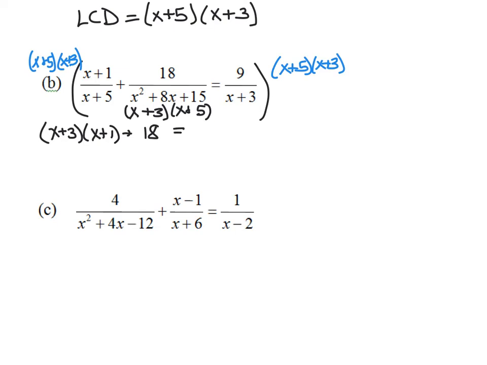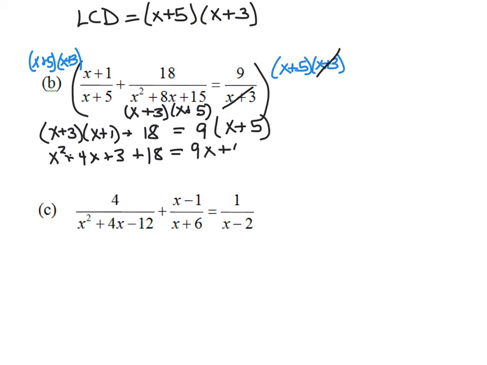On the right side, I see that the x plus 3 is going to cancel, so I'm going to multiply 9 times x plus 5. So do your double distribution. So x squared plus 3x plus 1x gives me plus 4x plus 3 plus 18 equals, on the right side distribute, so 9x plus 45.